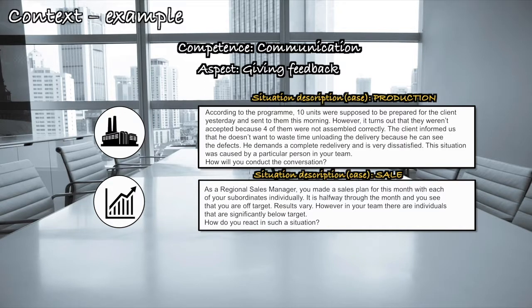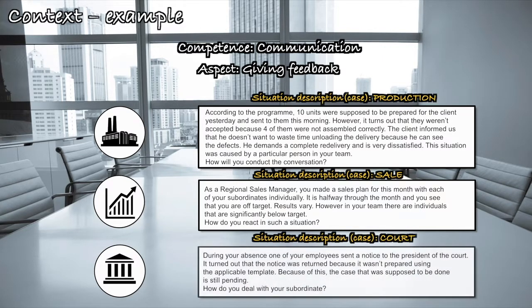How do you react in such a situation? In the case of the court, it will be as follows. During your absence, one of your employees sent a notice to the president of the court. It turned out that the notice was returned because it wasn't prepared using the applicable template. Because of this, the case that was supposed to be done is still pending. How do you deal with your subordinate?